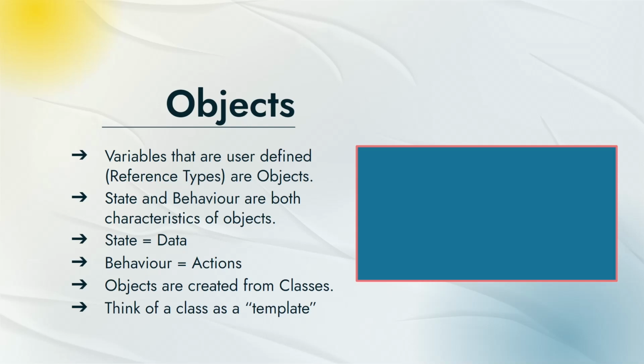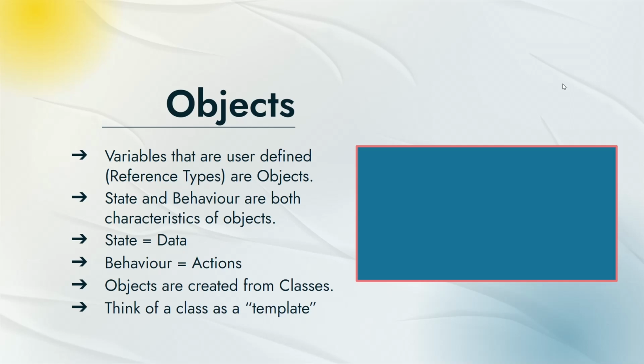For example, on our right we have a rectangle. Let's say a state is data, right? So what would be some data about the rectangle? Maybe the length, the width. To be honest, those are the only two things you can really think about a rectangle. But yeah, so the length and the width would be the state of the rectangle. And then the behavior are the actions, so things you could do with this data.